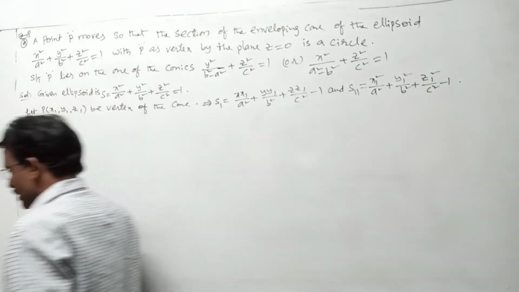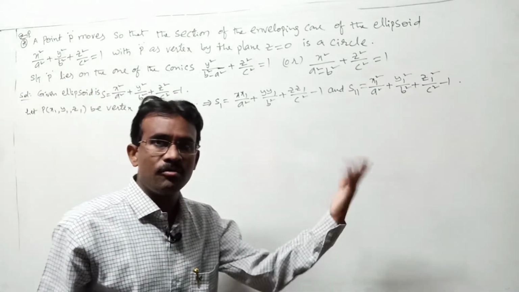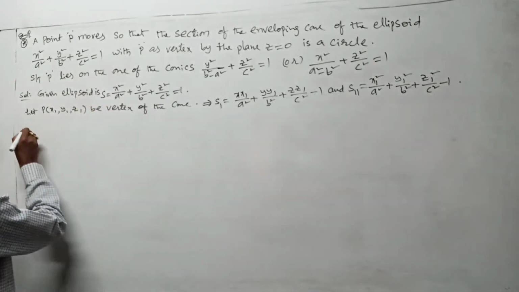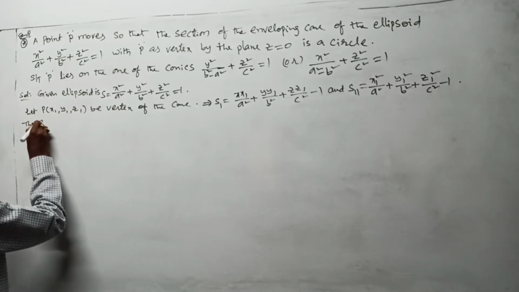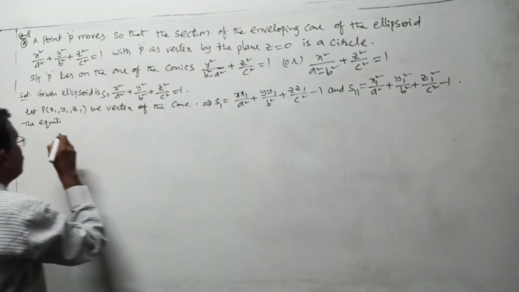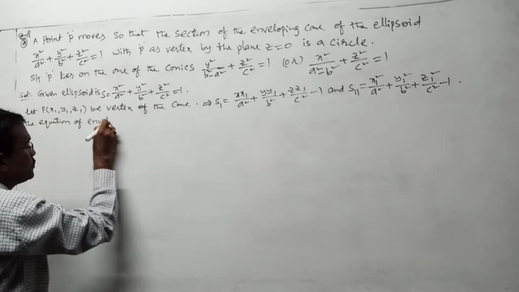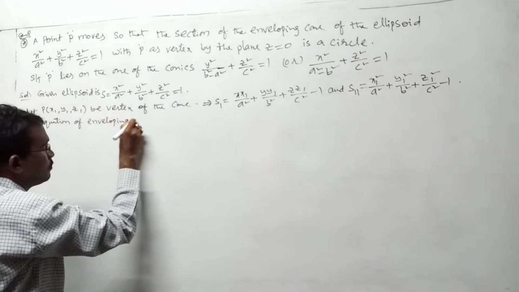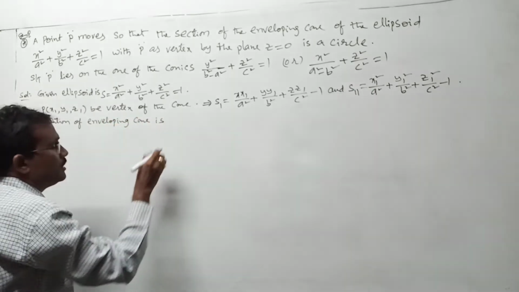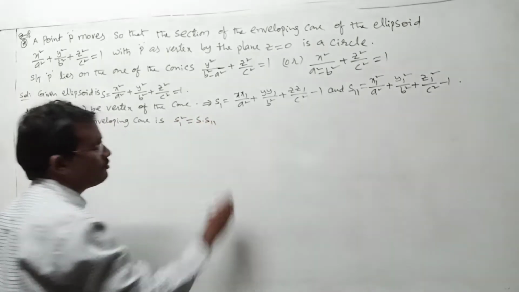Right? After this, let us define the equation of the enveloping cone. What is that? S1 square equal to S into S11. We are first defining the enveloping cone equation. The equation of the enveloping cone is S1 square equal to S into S11.